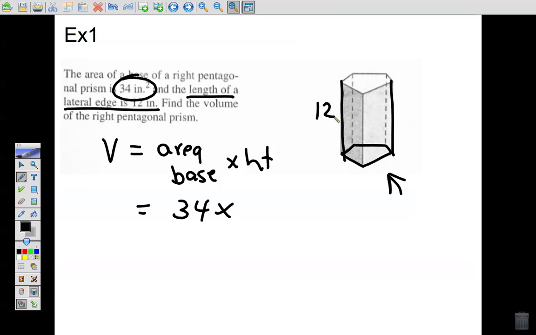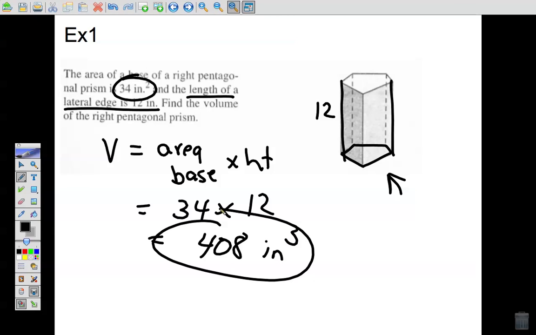All we're going to do is take 34 times 12, which gives us 408. Since it's volume, it's cubic inches. And that's my volume. As long as the sides are straight up and down, as they will be in this section, you're just going to use your typical volume formula.